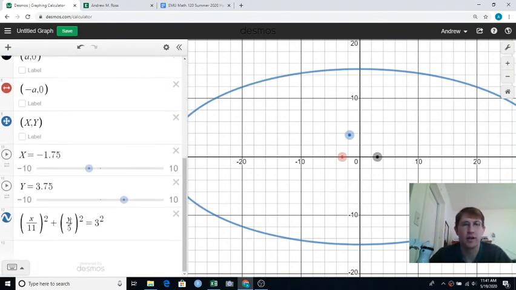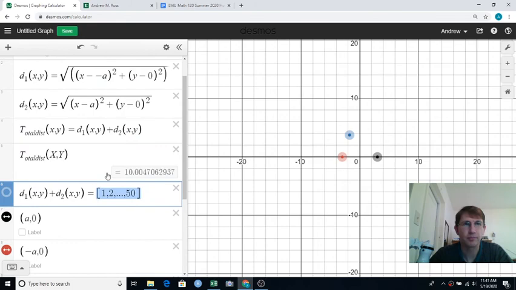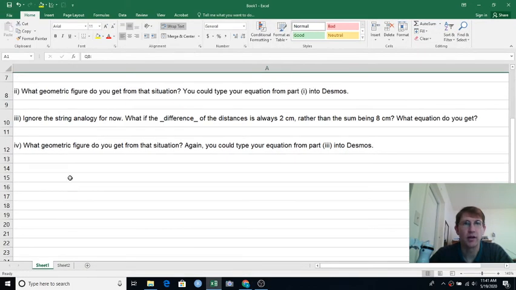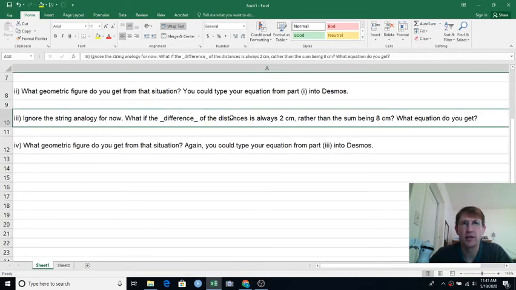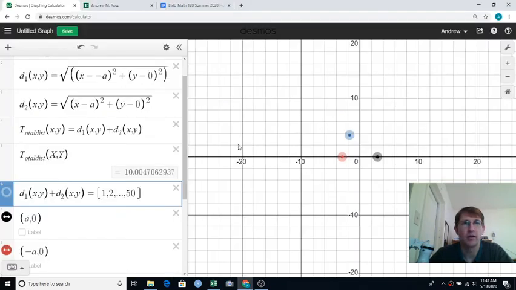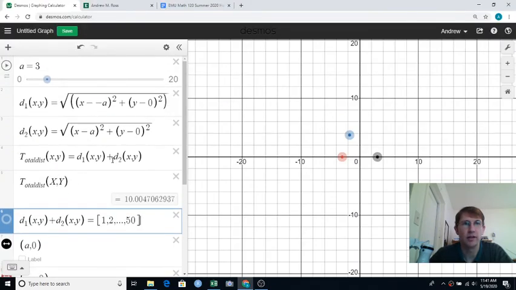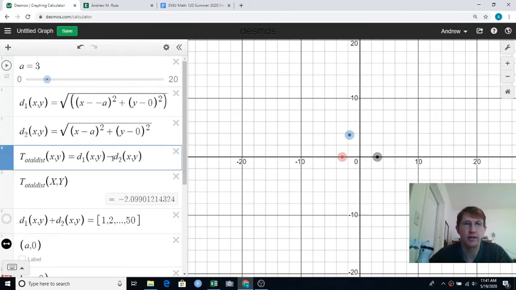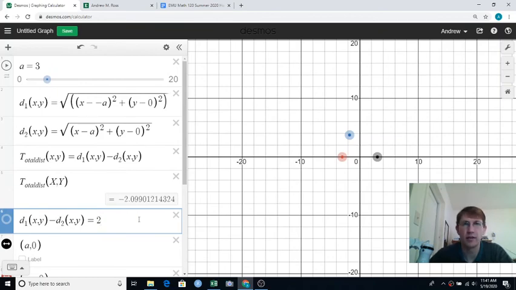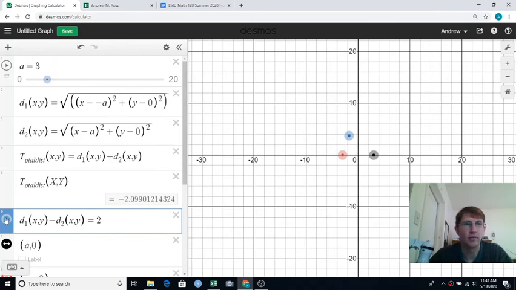The other question we asked in the homework is, what if the difference of the distances was, let's bring that up. So ignoring the string analogy, what if the difference of the distances is always some particular number? Well, we can go change that here and just put a minus there, and put a minus here, and change that to a 2, and oh, forgot to plot it.